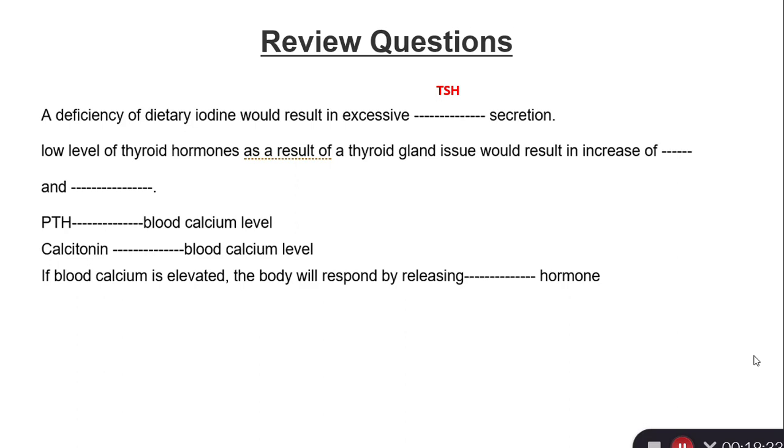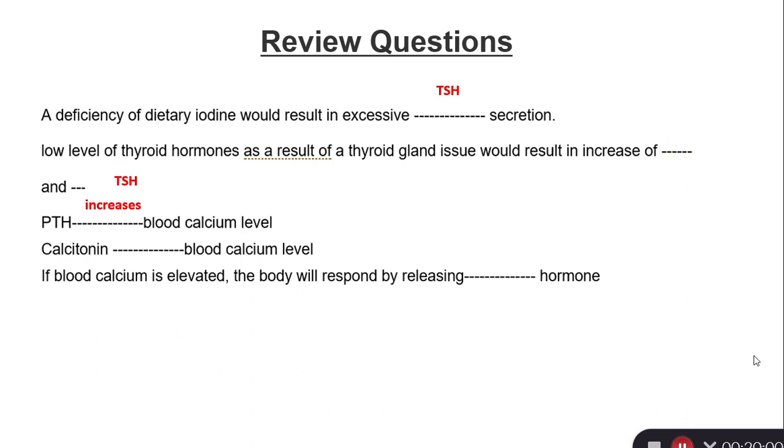Low level of thyroid hormones as a result of thyroid gland issue. So this is a primary hypothyroidism. This will result, of course, into an increased level of TSH and TRH. So from the hypothalamus, we have the TRH, and from the pituitary gland, we have TSH.